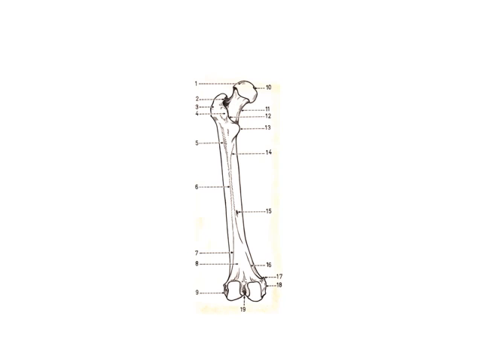And number 13 is the lesser trochanter, and it is connected with the greater trochanter by an elevated ridge called intertrochanteric crest, as compared with the intertrochanteric line on the anterior aspect, which is a line, but here it is a crest.